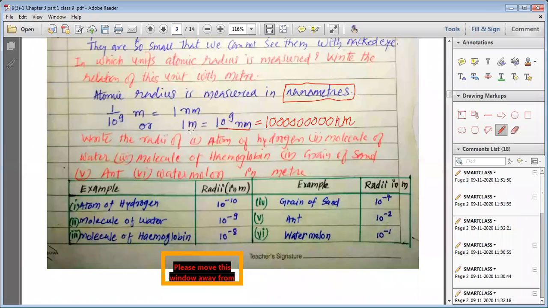You can see that 1 meter is equal to 1 followed by 9 zeros nanometer.